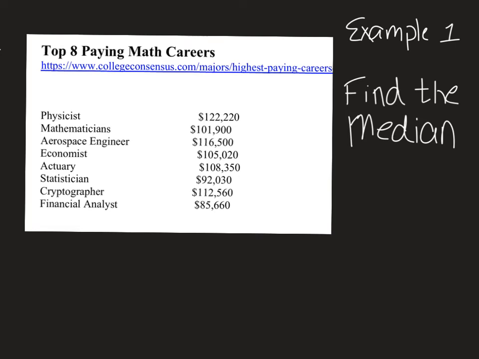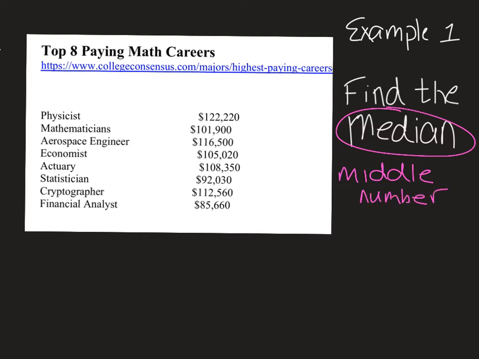The next measure we are going to find is the median. So the median is a term for the middle number. Ooh, that was some ugly handwriting there.